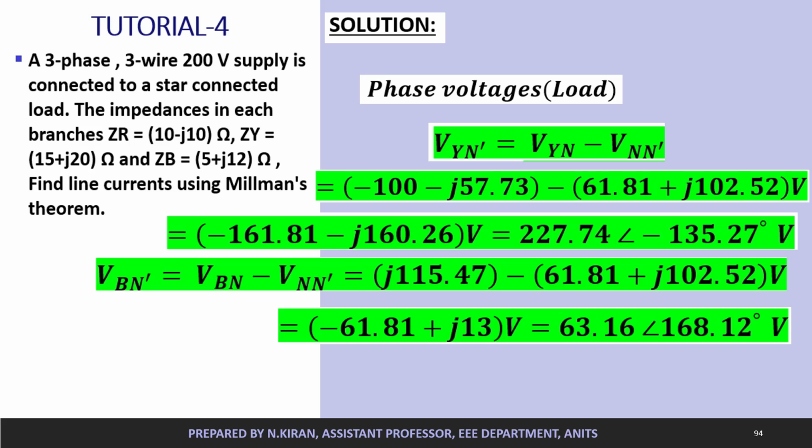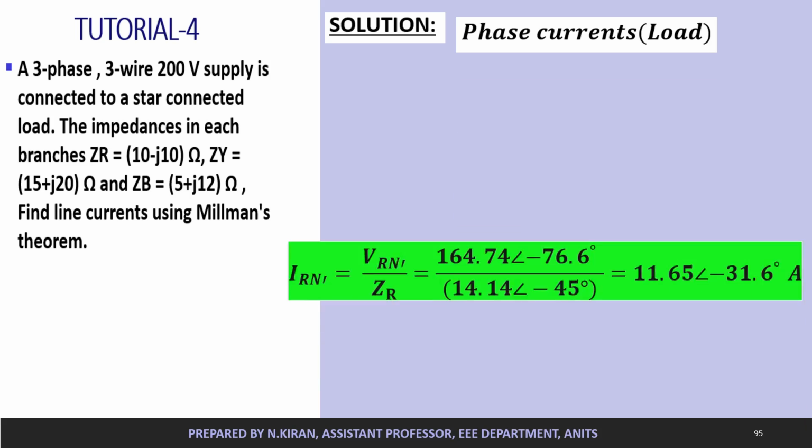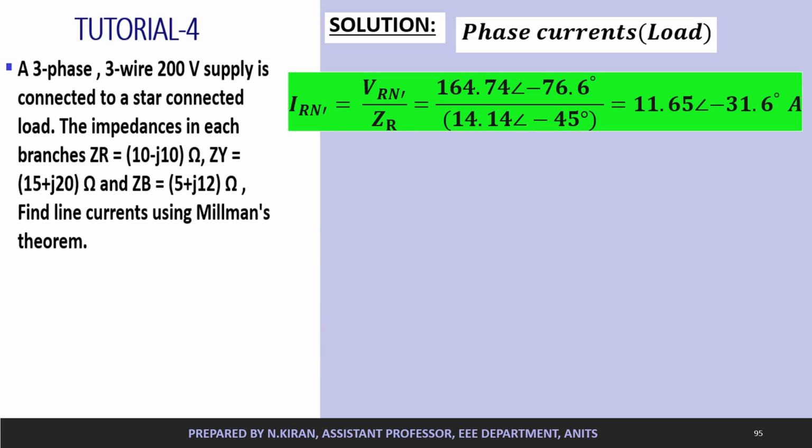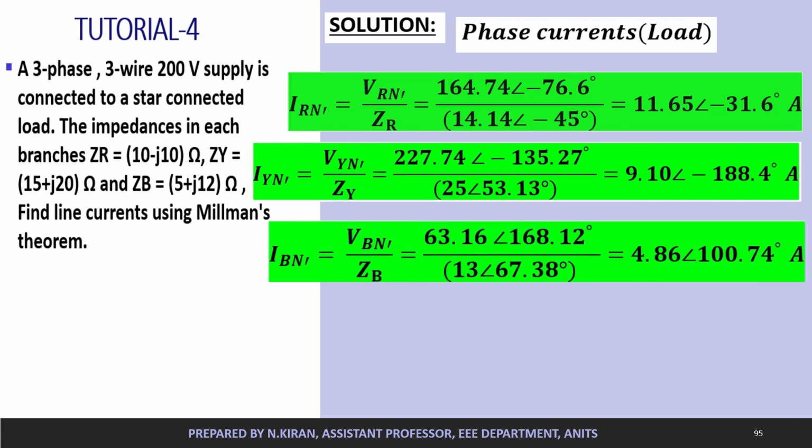After finding the phase voltages of the load, phase currents I is equal to V by Z. So correspondingly, the load phase currents IRN dash, IYN dash and IBN dash can be calculated.